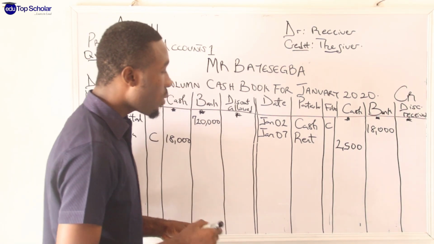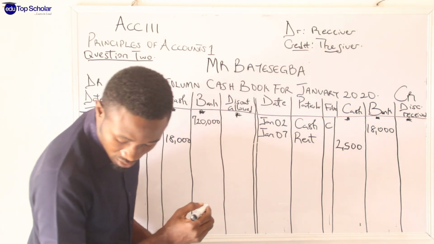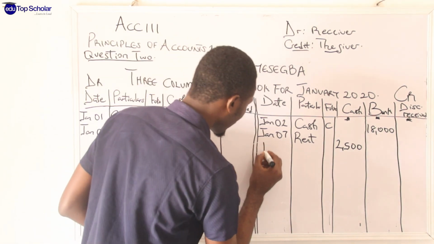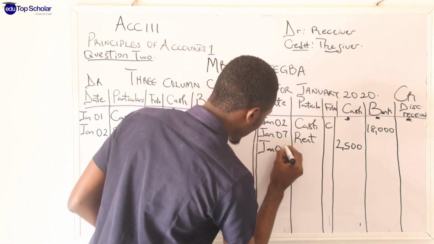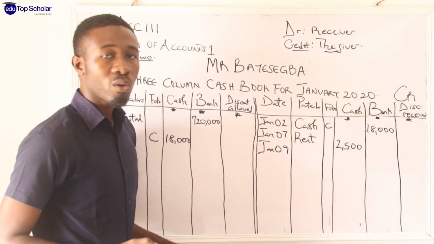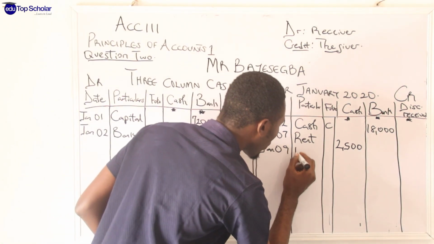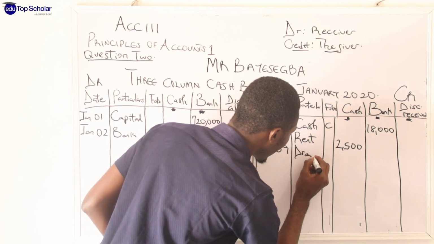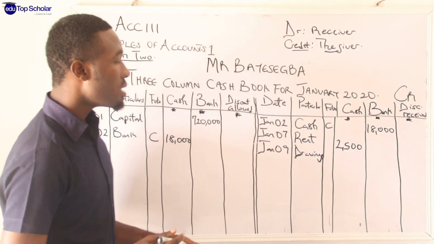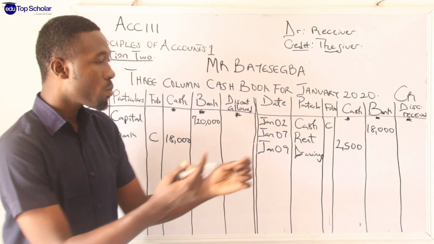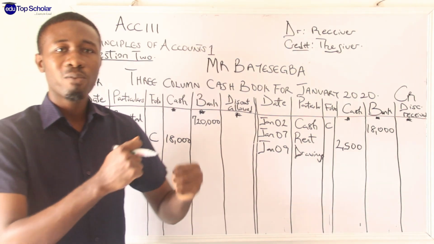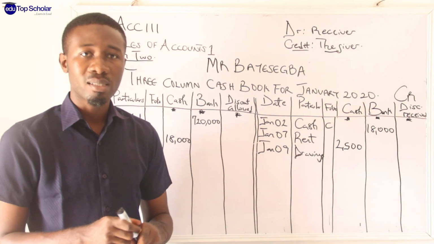So here, the money is going out of the business. That is January 9. In this case, because the money is going out of the business, what will be the particulars? We'll call it drawings. He took money from the business and used it for personal things.